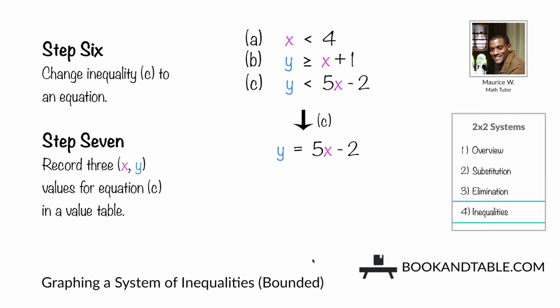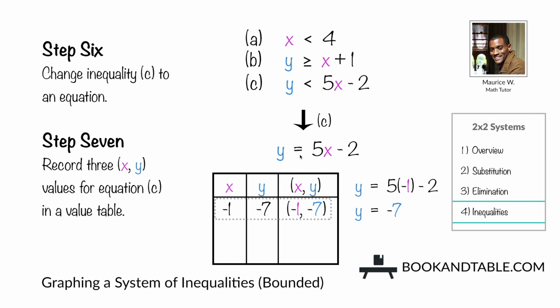You then put that value table to the side and create a value table for C now. So step 6, change inequality C to an equation. So we change the less than sign to an equal sign. And now step 7, record 3 xy values for equation C in a value table. So when x is negative 1, y is 5 times negative 1, which is negative 5. Negative 5 minus 2 is negative 7.